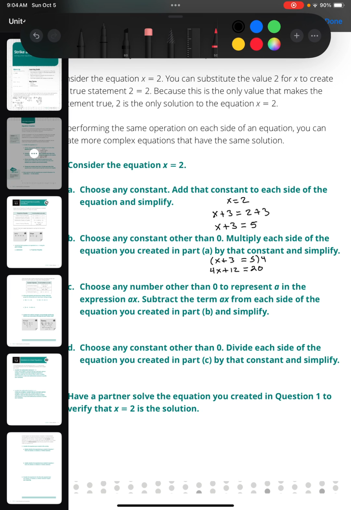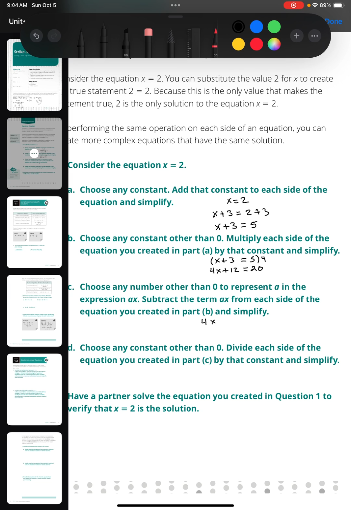And then C, we're going to choose any number other than 0 to represent a in the expression ax. And we're going to subtract the term ax from each side of the equation you created in part B. So in other words, we're going to subtract another variable term here. So I'm going to make it, let's say, 2x.